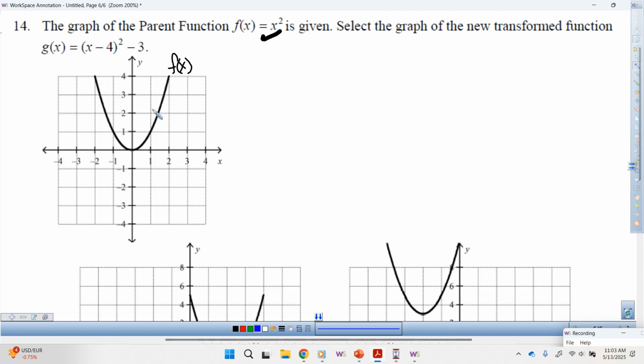So, before we move this, we need 5 points. Is that correct? Tell your neighbor the 5 points that we're going to use for this parabola. What are the 5 points?